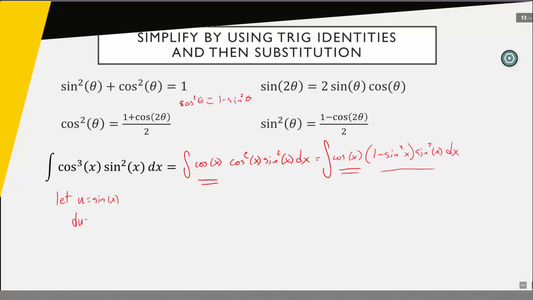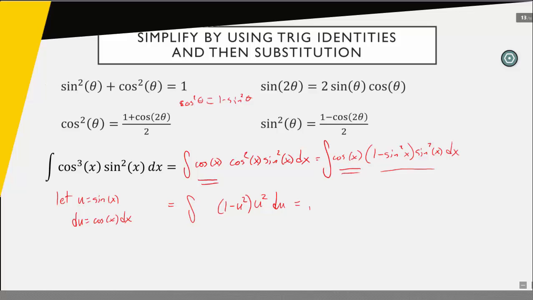The differential then will be cosine of x dx. And when I plug these values into my integral, all that sine stuff simplifies nicely, and cosine of x dx is just equal to du. And once again, I've simplified this now to just a polynomial in u.